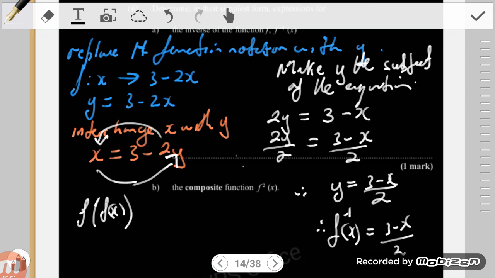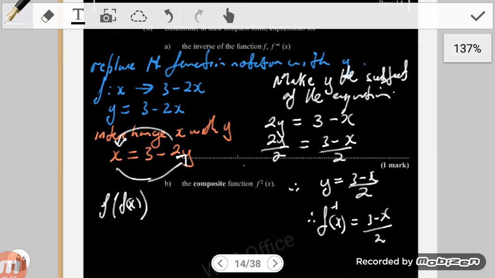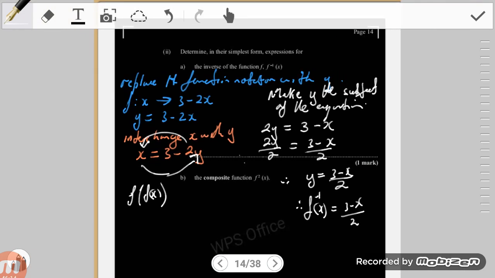That's what it means. So this f square x is an unusual representation, never seen it before, but we know basically that it means we're going to take the function f and replace the x that is in the function f with the actual function f. Sounds a bit confusing. Let's put pen to paper here.